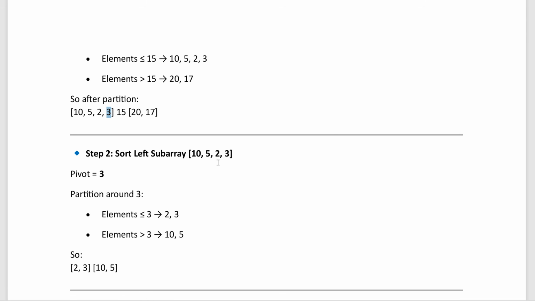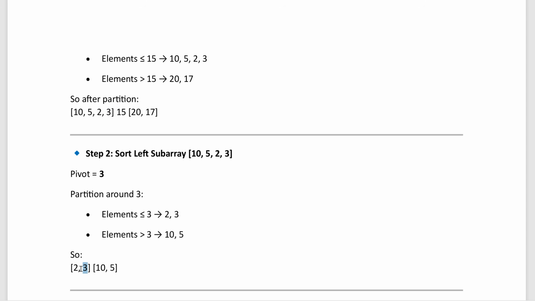The elements lesser than 3 in this are only 2. And also we have to take the element, yes, so we have to partition around the pivot 3, and elements less than equal to 3 will be 2 and 3, because in this case we have to take 3 also into inclusion, because pivot is 3, we have to sort the left subarray.